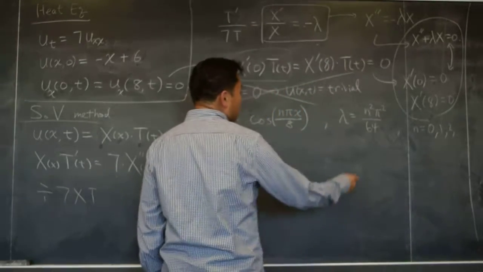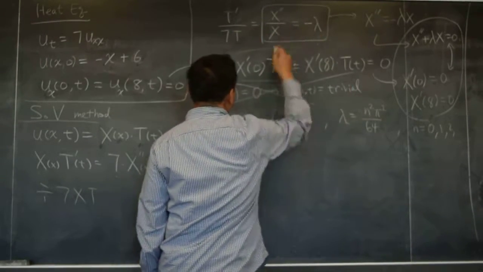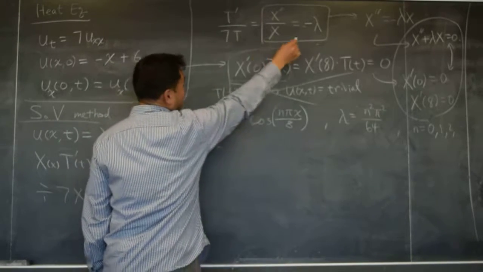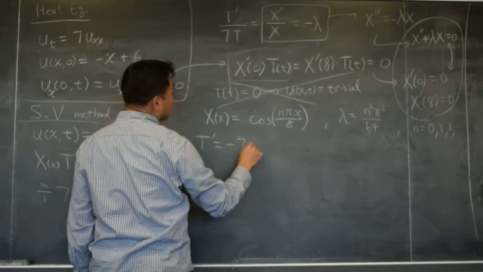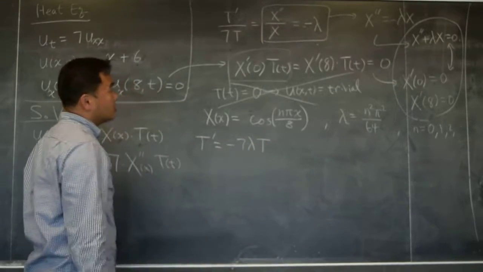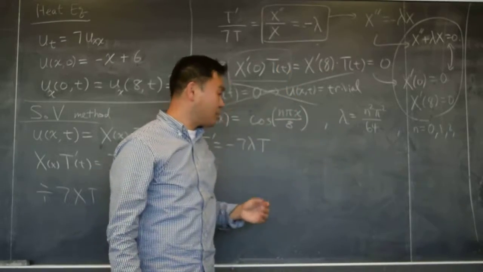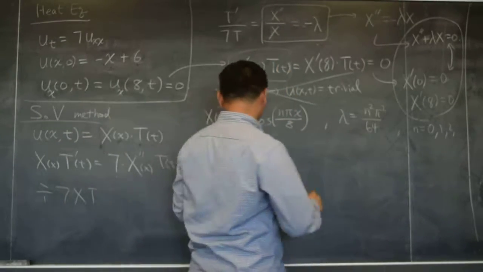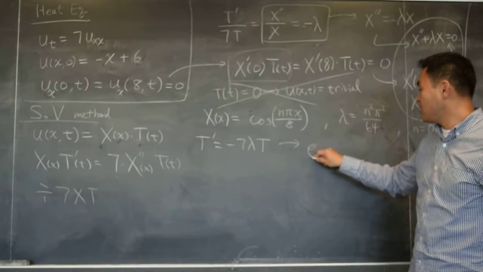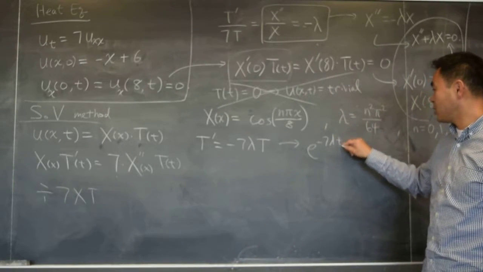And then we plug this back in here and solve this equation, which is T prime equals, if I multiply this to the other side, negative 7 lambda T. Right? Multiplying this to the other side, that's what we get. And what kind of function gives you this when you differentiate? It's e to the negative 7 lambda t, right?